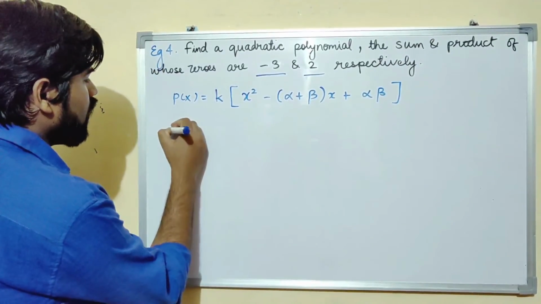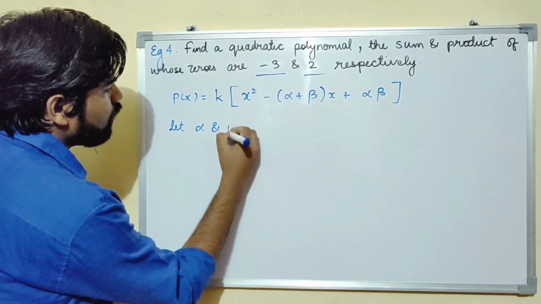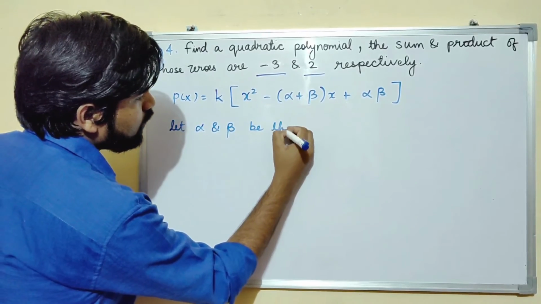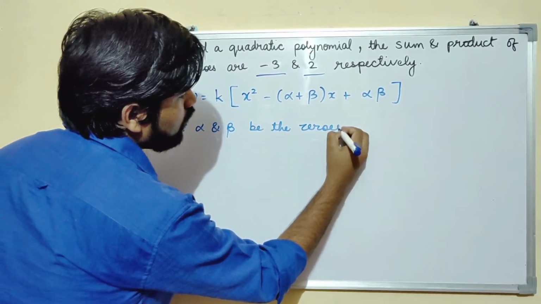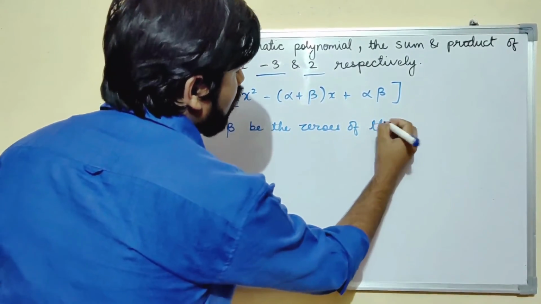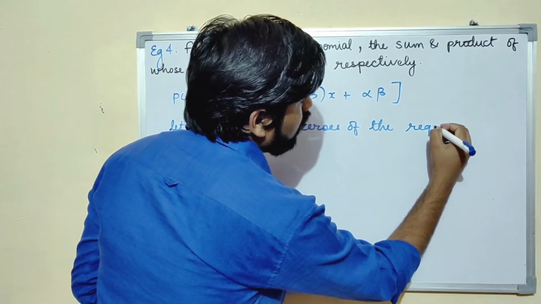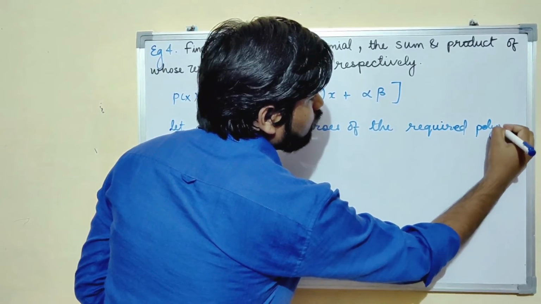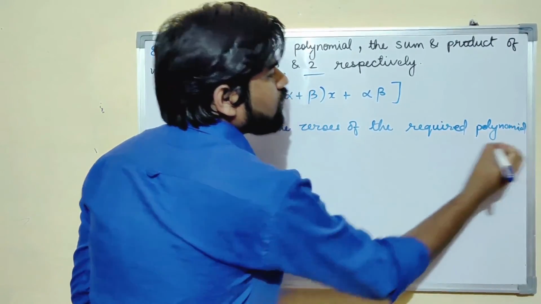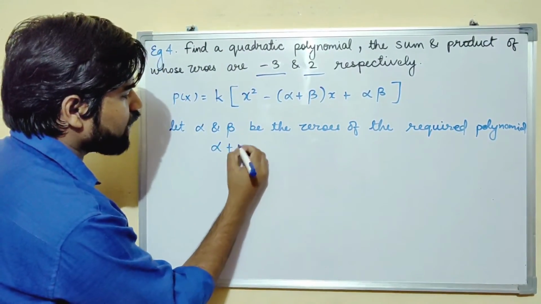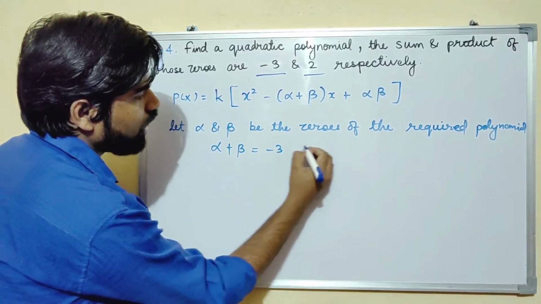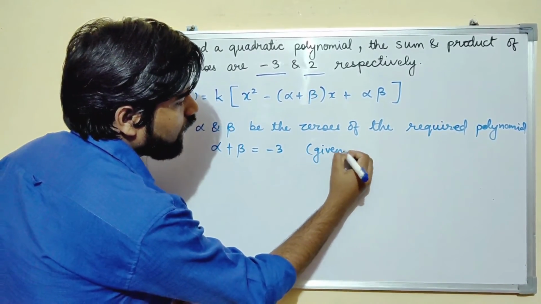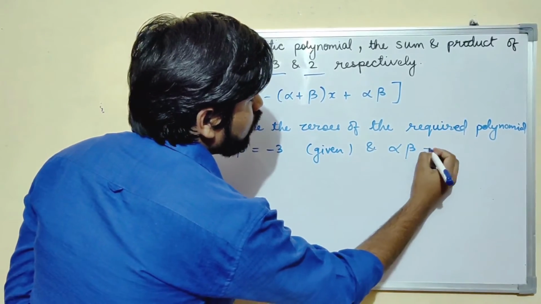So let us write it as, let alpha and beta be the zeros of the required polynomial, because the polynomial is not given here. Now here in the question it is given that alpha plus beta equals minus 3, and alpha beta is equal to 2.